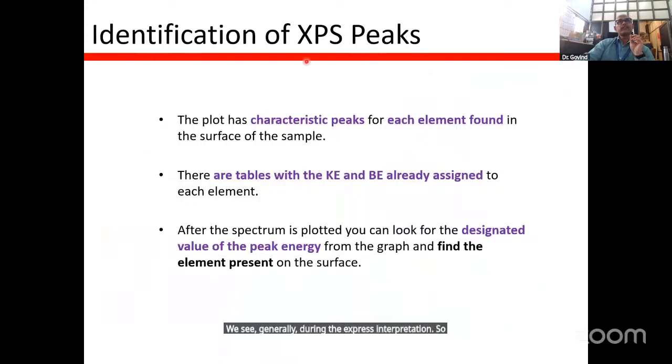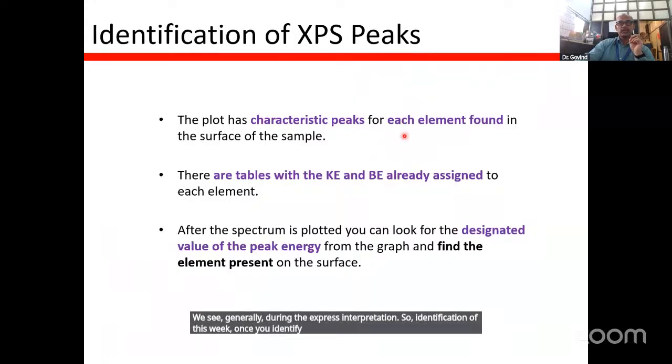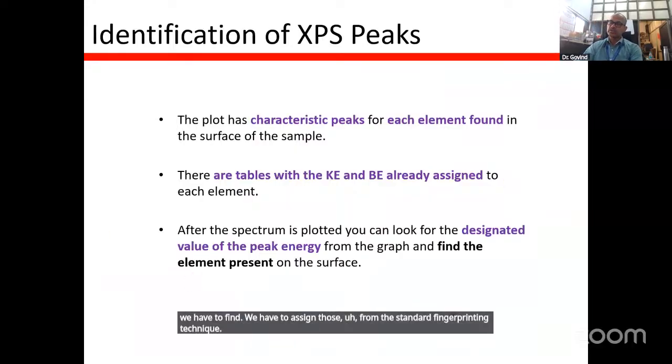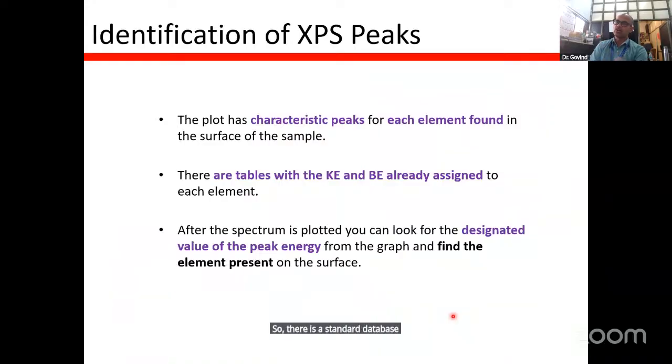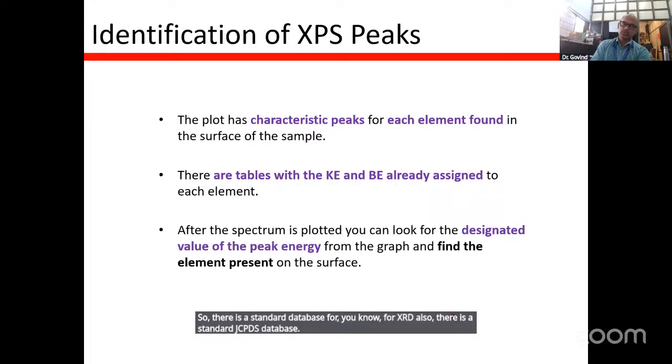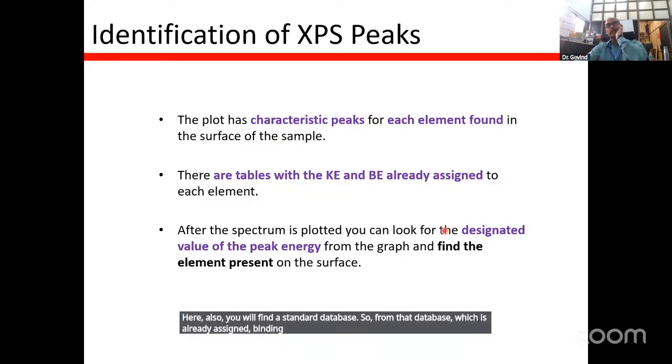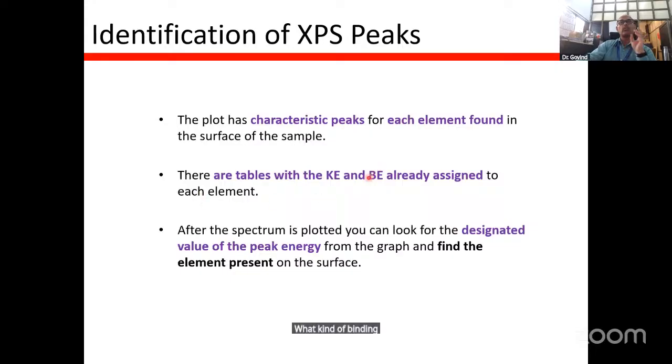Once you identify the peak, these are characteristic peaks of that particular element. We have to assign them from the standard fingerprinting technique. There is a standard database, just as for XRD there is the standard JCPDS database. Here also you will find a standard database, where the binding energies of particular elements are already assigned, so we can understand what binding energy relates to what material.